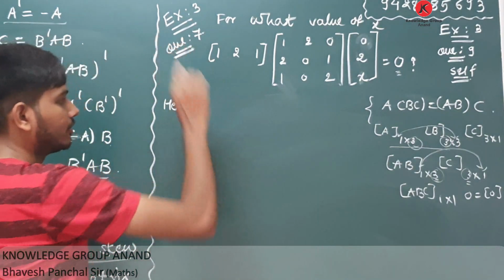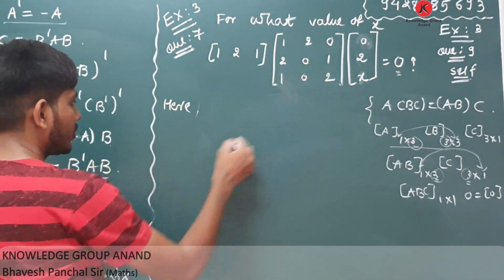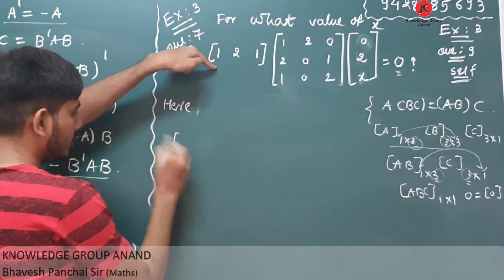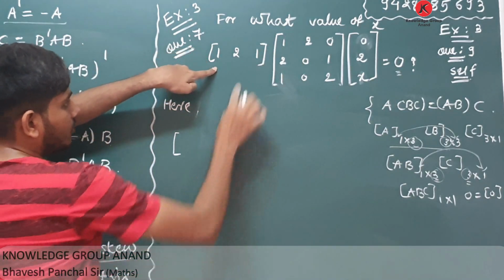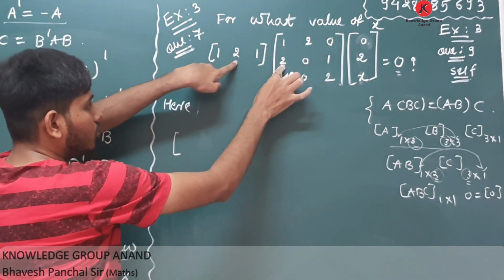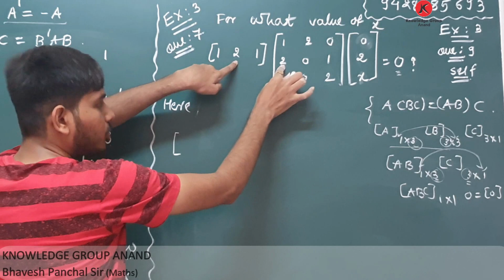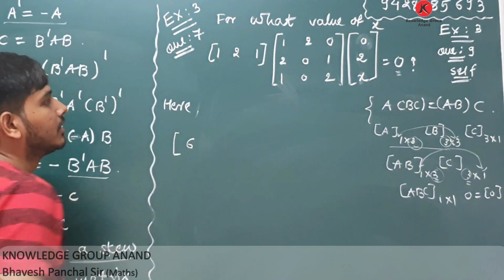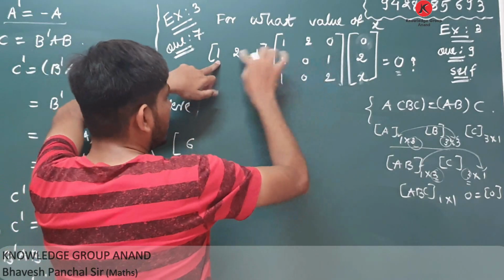Okay, now start with this. First of all, calculate this one. First row, first column: 1 into 1 is 1, plus 2 into 2 is 4, 1 plus 4 is 5, 5 plus 1 is 6. Okay, now multiply this one.